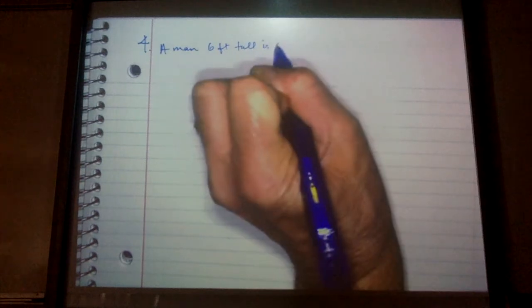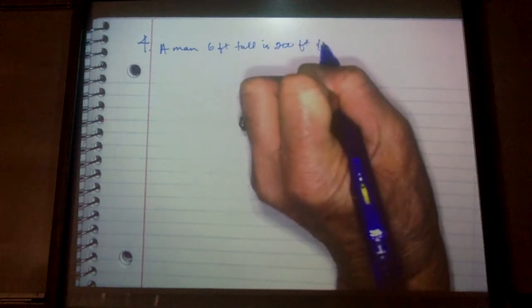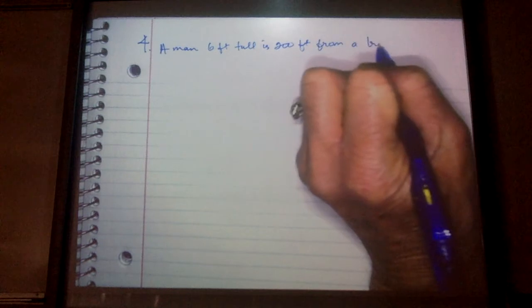So a man 6 feet tall is 200 feet from a tree.